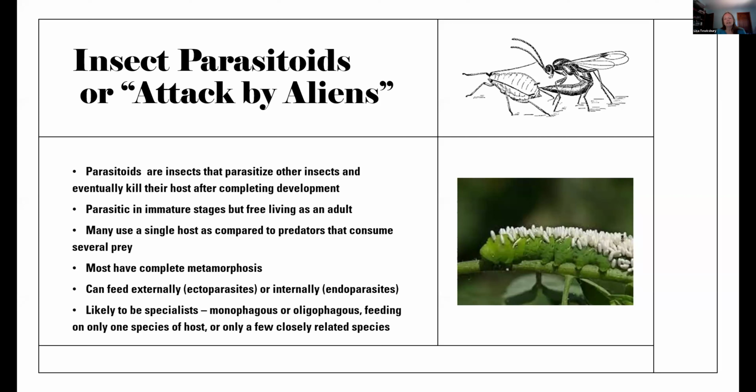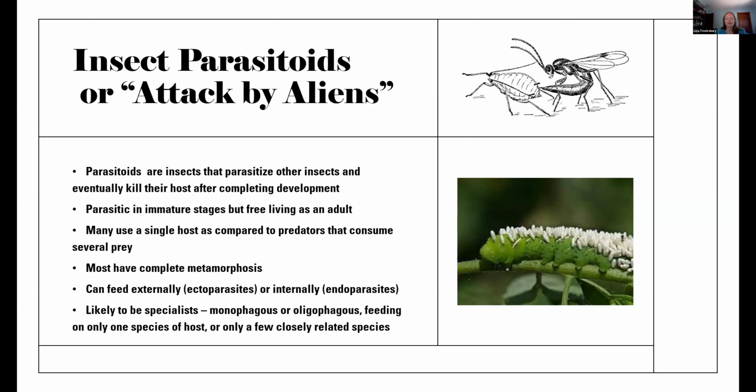So it's using its egg-laying ovipositor, so it'll insert the eggs, and then the eggs will hatch, and the resulting larvae will feed inside that aphid and kill the aphid, and it ends up being this little mummy on the leaf. And you'll actually see when the new adult wasp emerges, there'll be a bit of a hole in it. So they're insects that parasitize other insects and eventually kill their host.